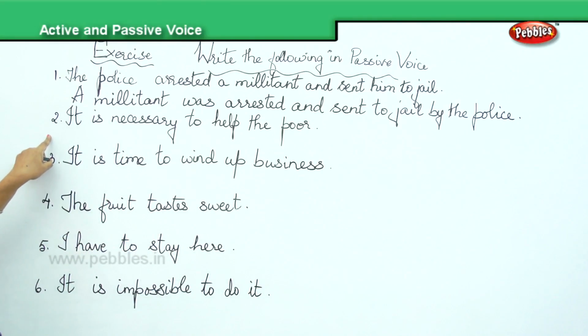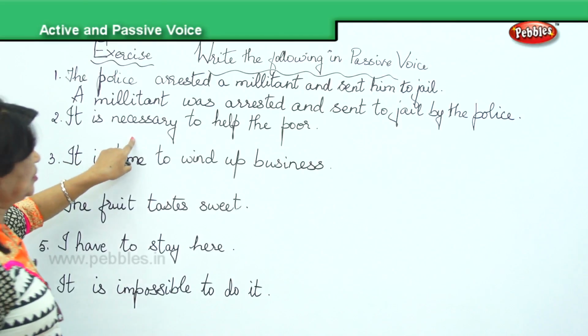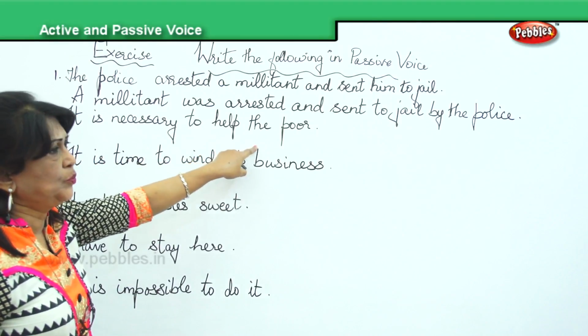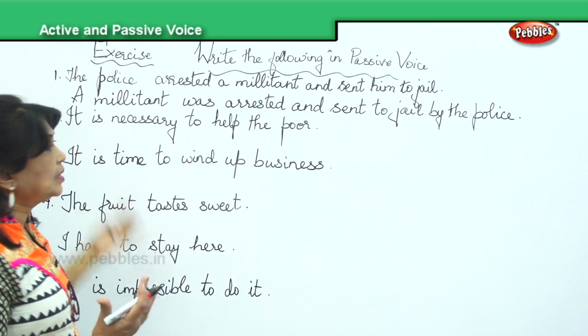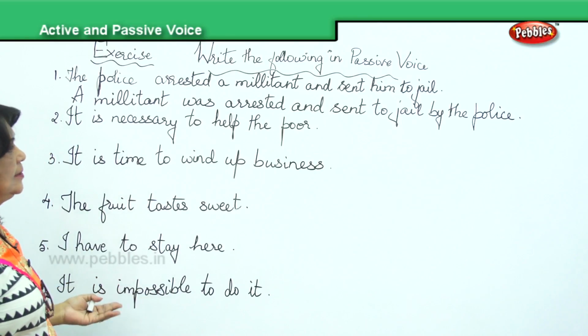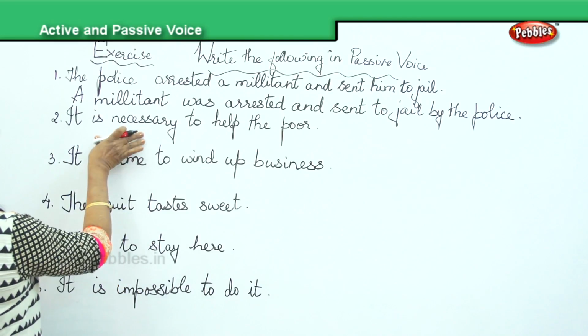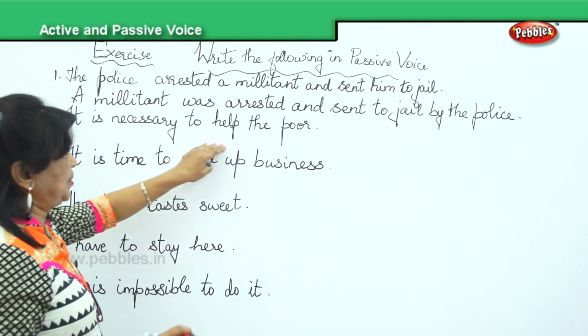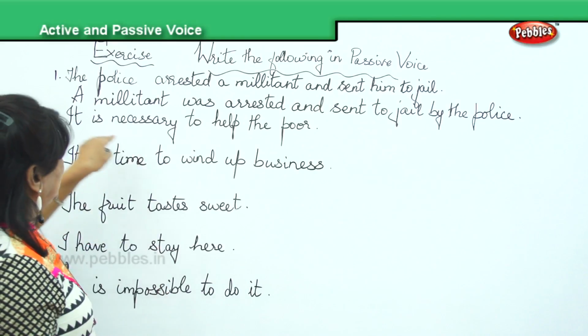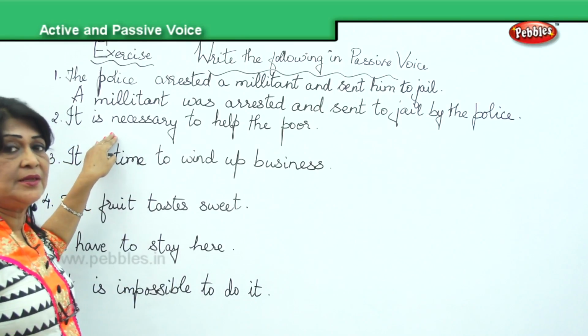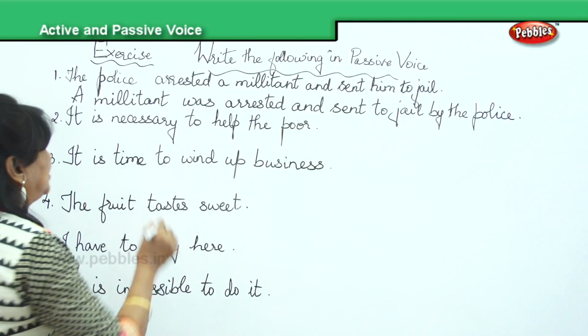Next one. It is necessary to help the poor. This is a requirement, okay. So, if we just say we should help the poor, that's different. Here it is given, it is necessary. So, it is a requirement.